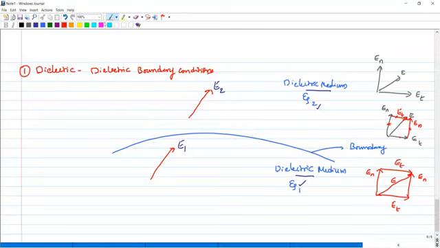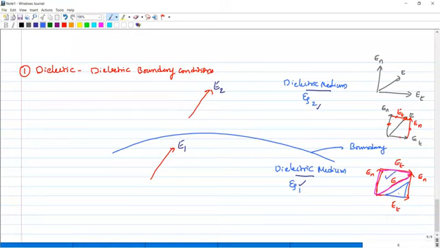In some textbooks they will draw this triangle, and in some textbooks they will draw the lower triangle. Both are correct.